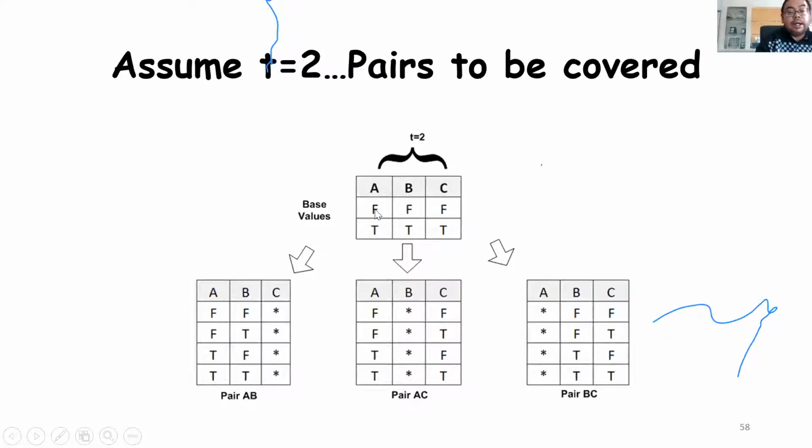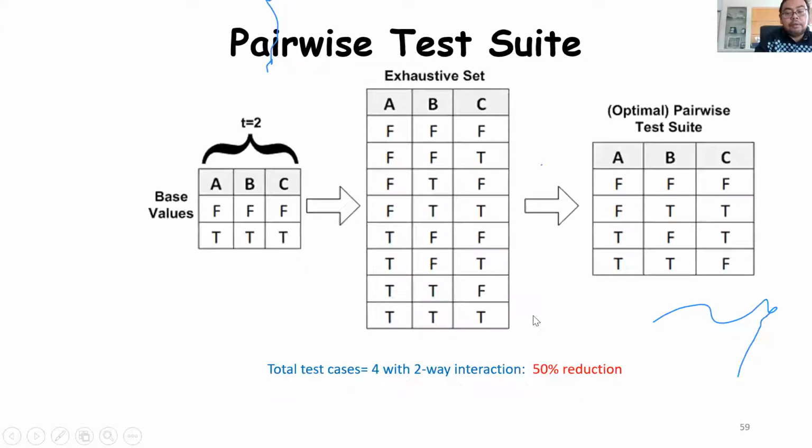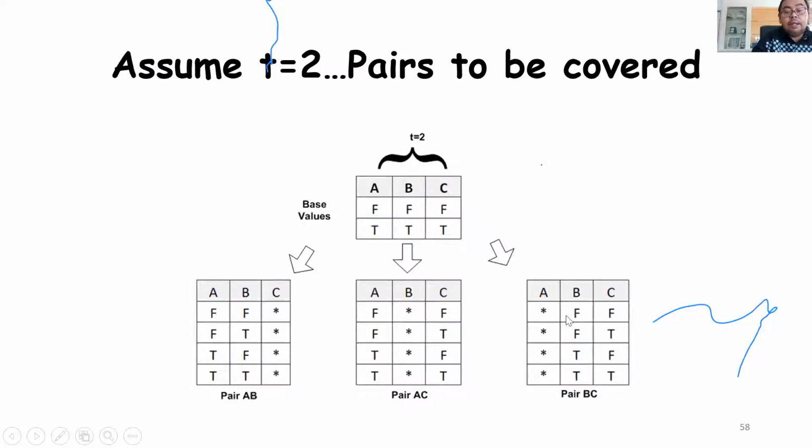Okay, and I'm going to look at AC, which is FF, FT, TF, and so forth. And I'm going to look at BC, FF, FT, TF, and TT, and all this. You want to optimize them.